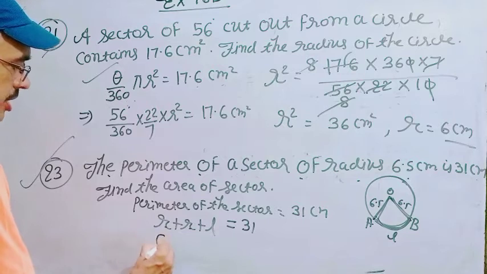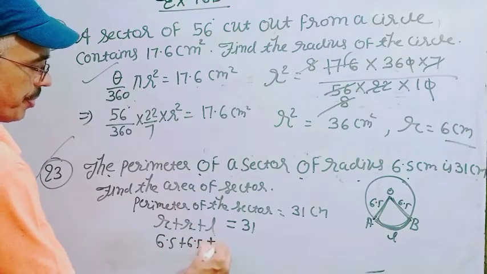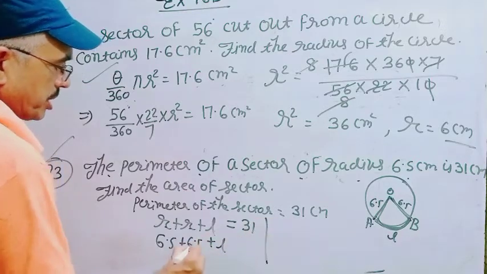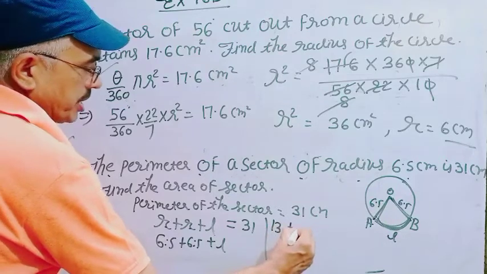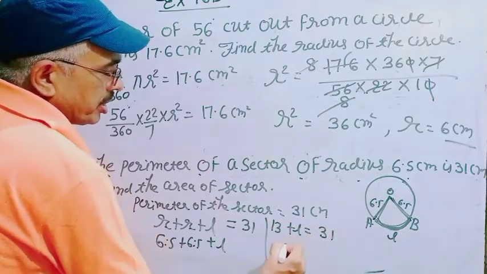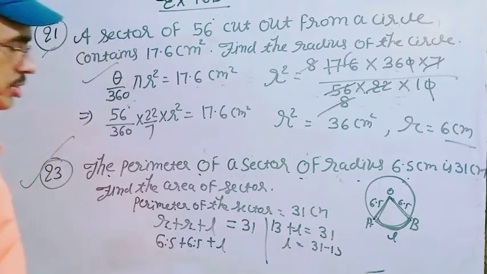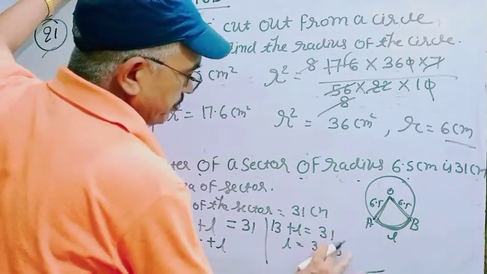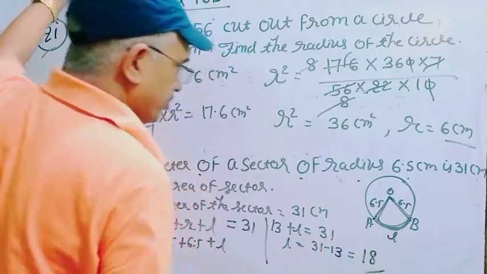So what is R here? Here is 6.5, 6.5 plus L. So what do you get? 6.5, 6.5, that is 13, and plus L, that is 31. So what is L? 31 minus 13. Then you get 18.